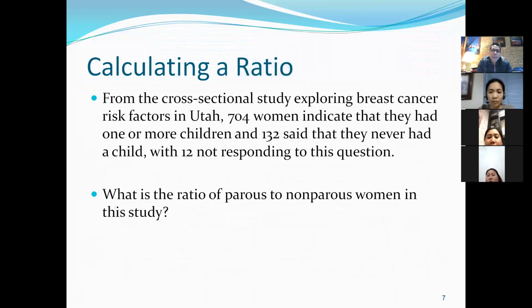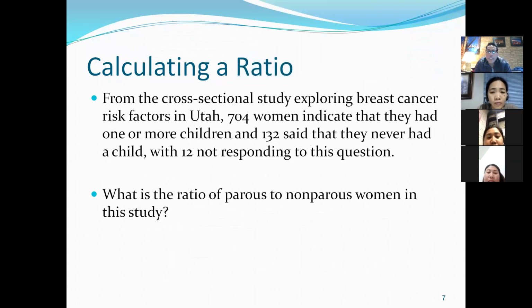So, calculating a ratio, I'd like you to try this. From a cross-sectional study exploring the breast cancer risk factors in Utah, 704 women indicate that they had 1 or more children, and 132 said that they never had a child, with 12 not responding to this question.